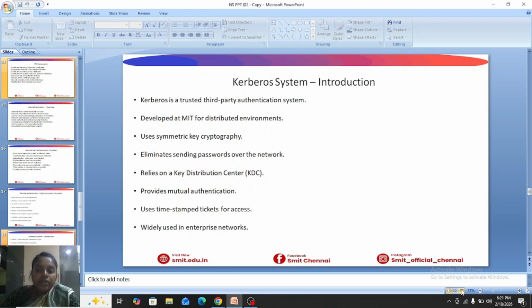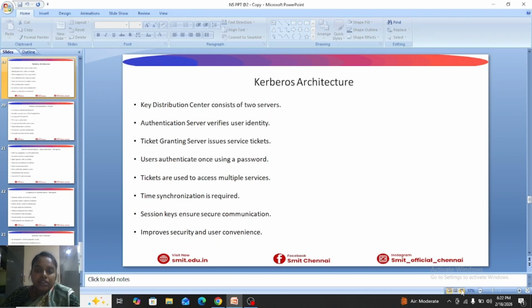It also provides some security features for the Kerberos system. It uses symmetric encryption, timestamped tickets prevent replay attacks, mutual authentication, and session keys protect communication. By using the Kerberos system, we have the advantages of stronger security, single sign-on support, centralized authentication, and wide use in enterprise networks. This is the Kerberos architecture.